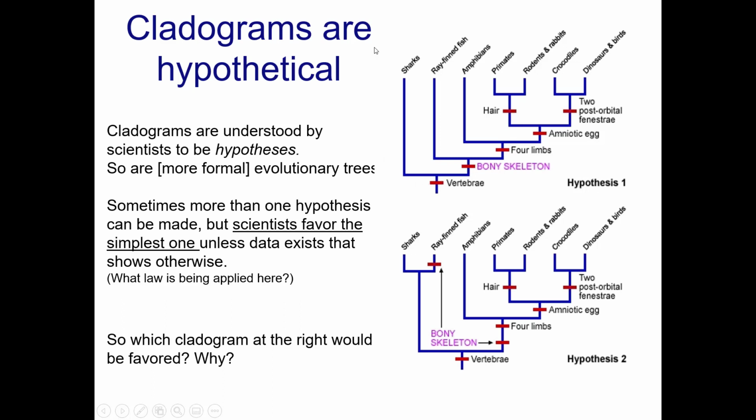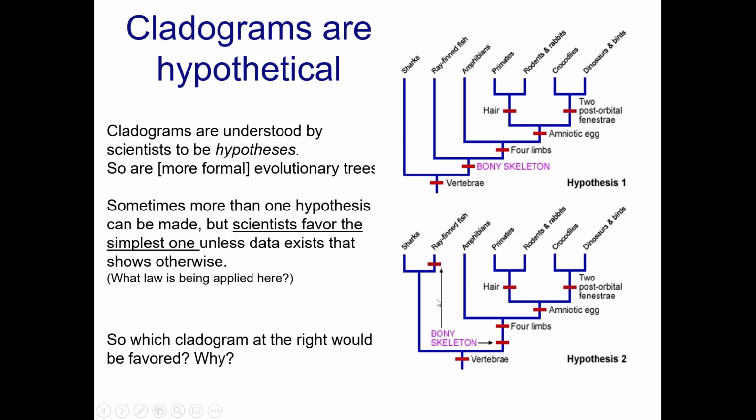On this tree, time is on the y-axis. So the root of the tree is the common ancestor of everything on the tree, and then time moves forward, and the very top of all of these branches is present day. So these are slightly different hypotheses.